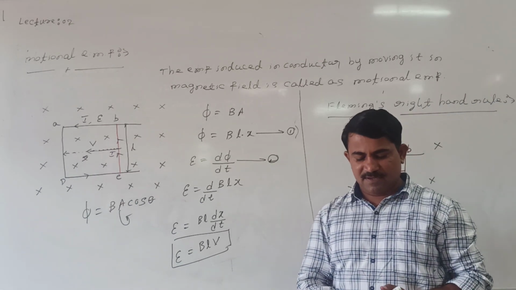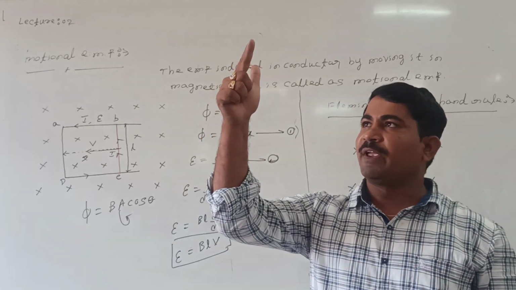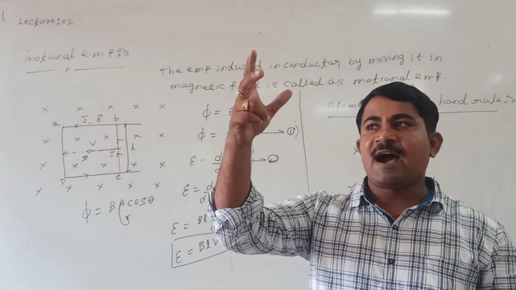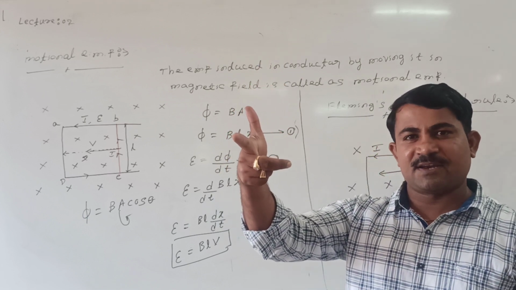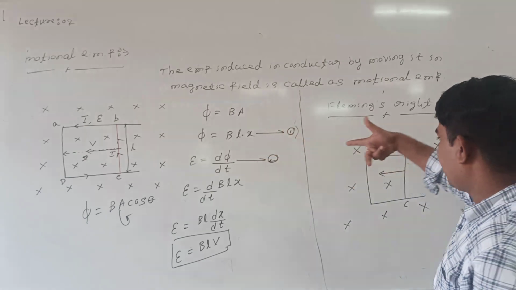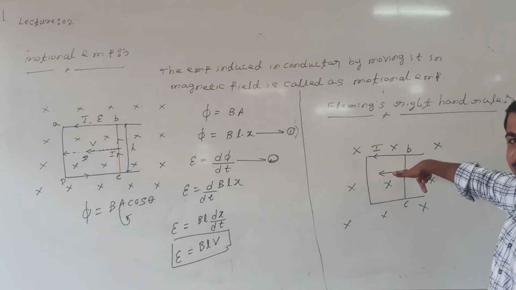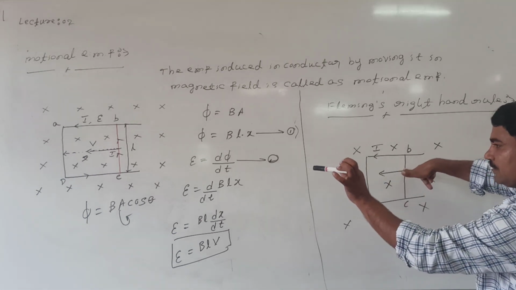How it is? 3 fingers of right hand, thumb, forefinger, middle finger are in such a way that they are mutually perpendicular to each other. Are you following? All are mutually perpendicular to each other. Then if I hold like this, in what way conductor moving? In this way conductor moving.